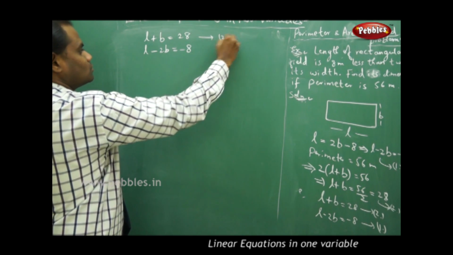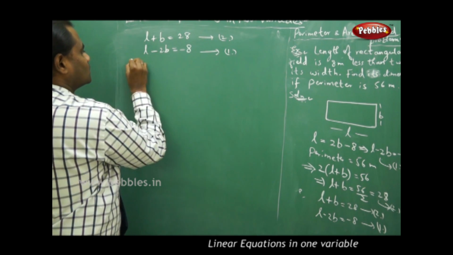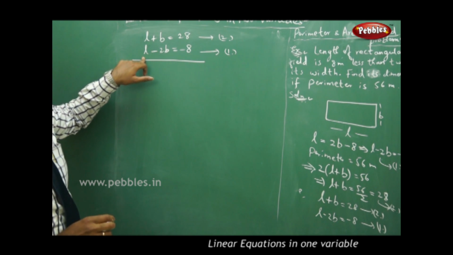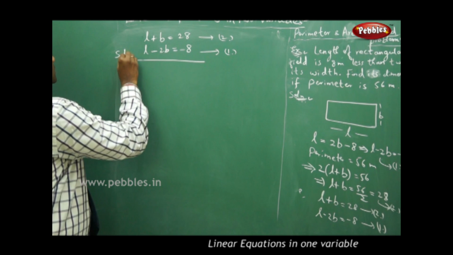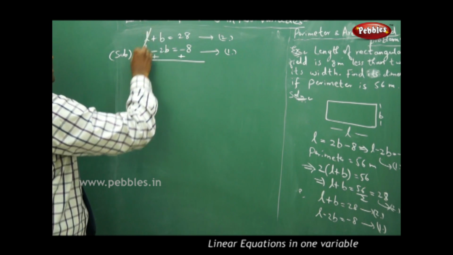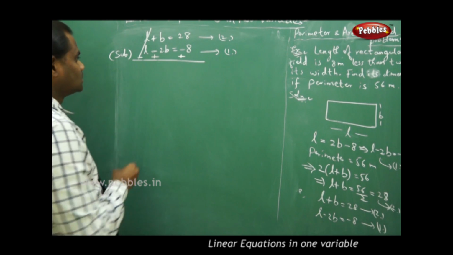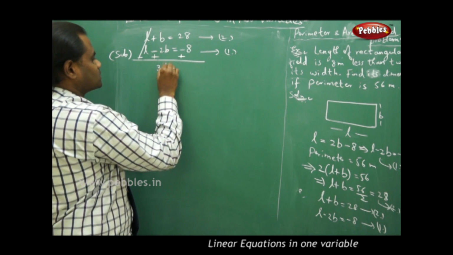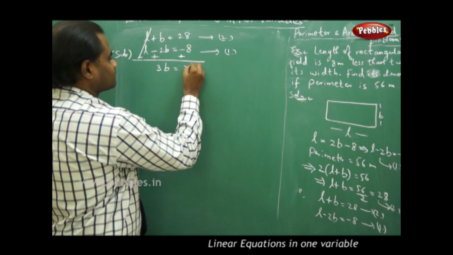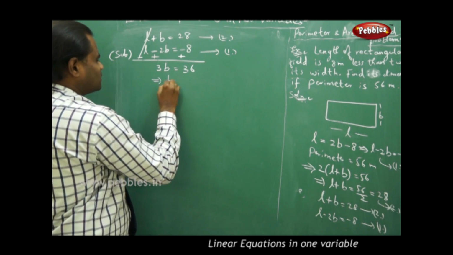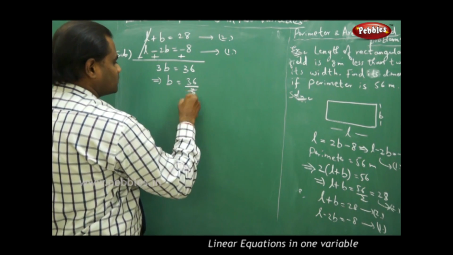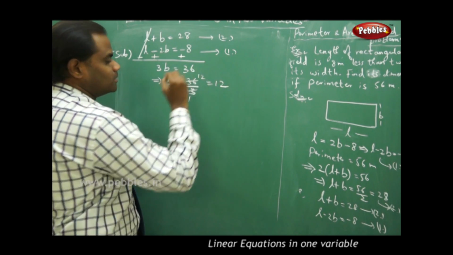When I solve, I identify that both L's have the same coefficient, so I subtract so that plus becomes minus and minus becomes plus, and this gets cancelled. Finally I get B plus 2B, which is 3 times B, as 28 plus 8, which is 36. So taking only B to the left, I get 36 over 3, and on simplification this gives B to be 12.